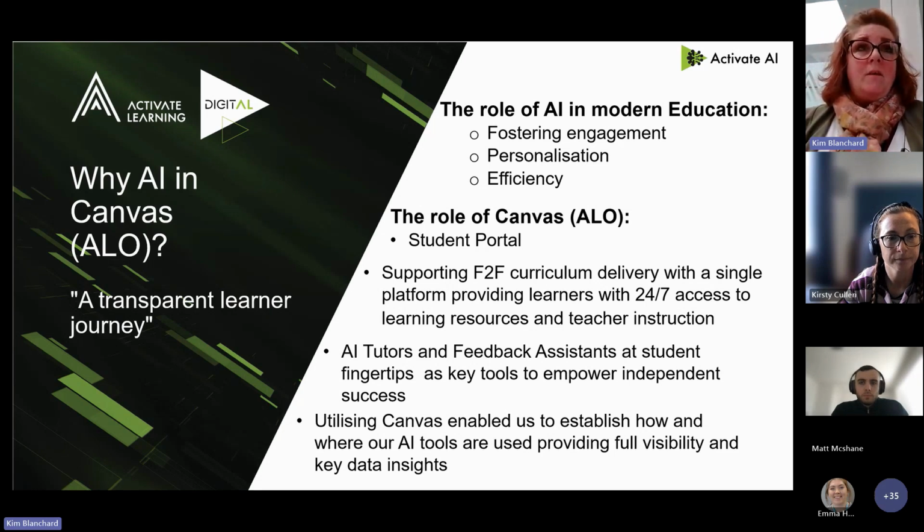It gives us a high level of customization, and it works really well for us to be able to integrate our tools. We have, for many years now, used Canvas as our student portal. So when the learners log in at Activate Learning, they are presented with Activate Learning Online, Canvas.